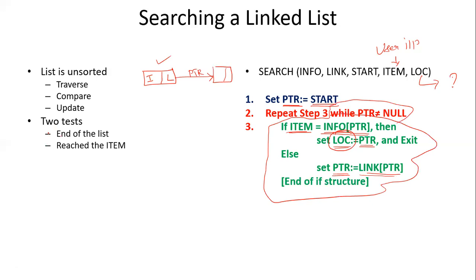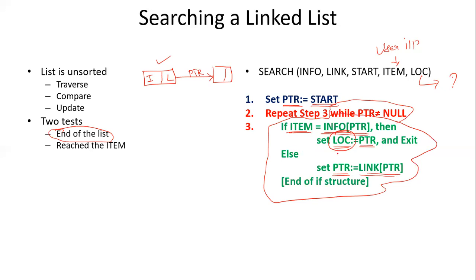PTR is equal to null means what? End of the list. So until we reach the end of the list, we update the PTR and check for the item.